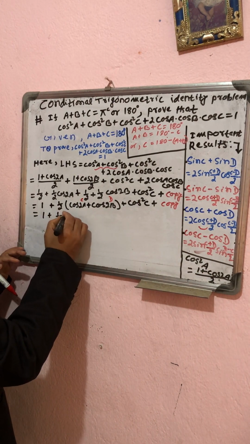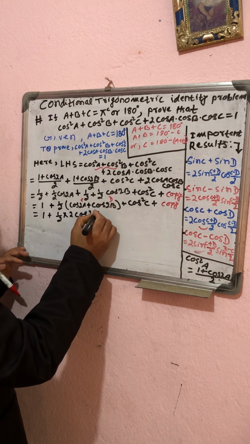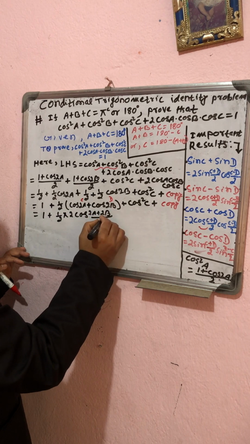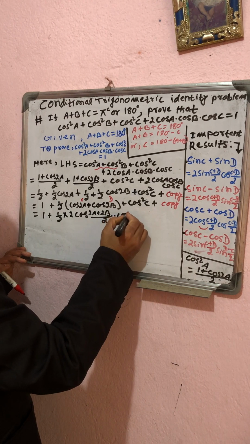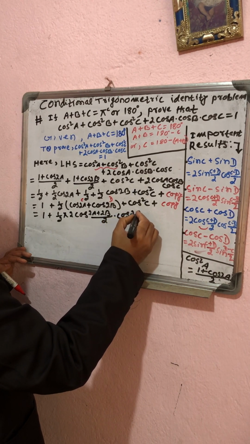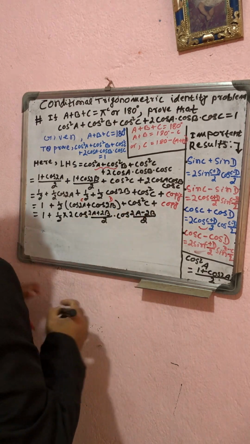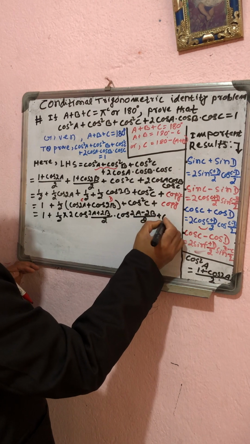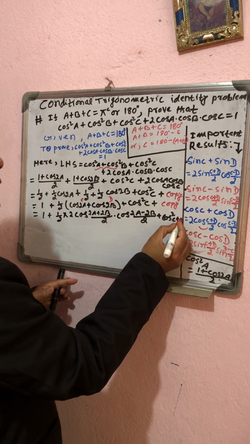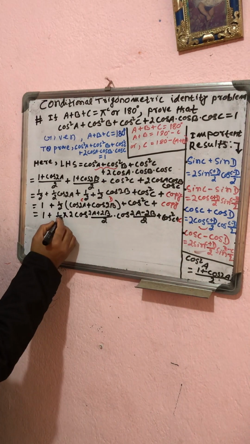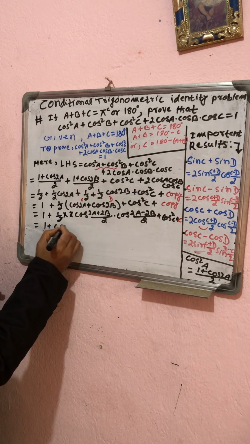What you can write here is 2 cos of (2a plus 2b) by 2, and then again cos of (2a minus 2b) by 2. Then you are left with cos square c, and then plus you copy this term, and 2 and 2 cancel out, so it is 1 plus cos.